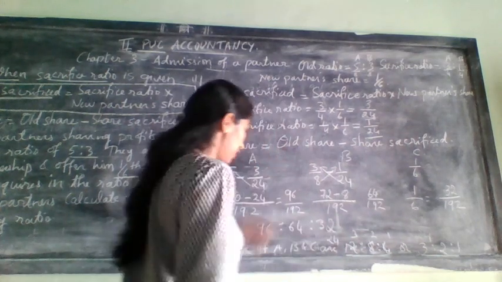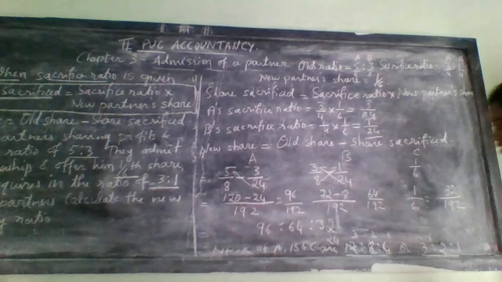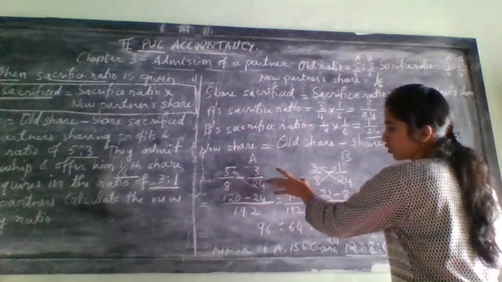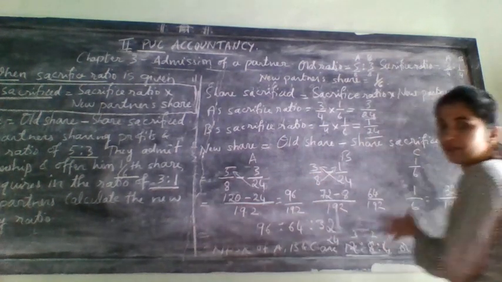It is a very big number, so you need to change this and write it in a simplified form, meaning find which table it will go in, and then again you will get the answer 3:2:1.